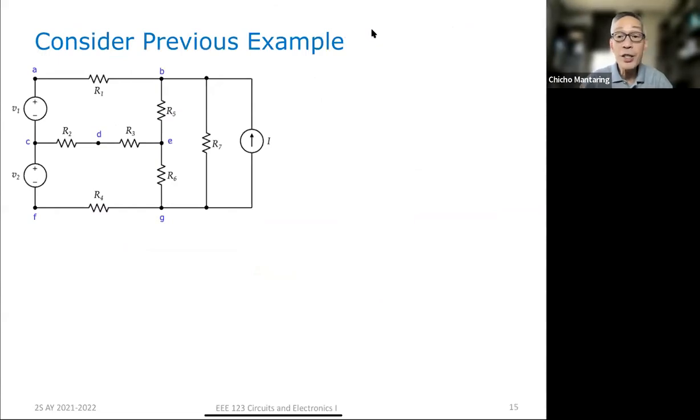So let's consider itong example na pinakita ko kanina, no? So again, how many unknown branch currents are there?